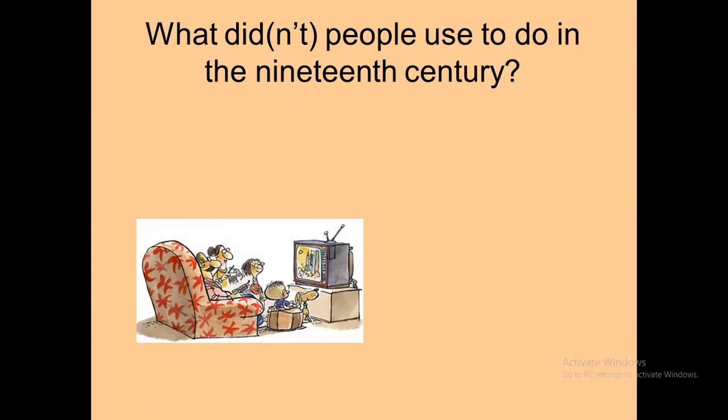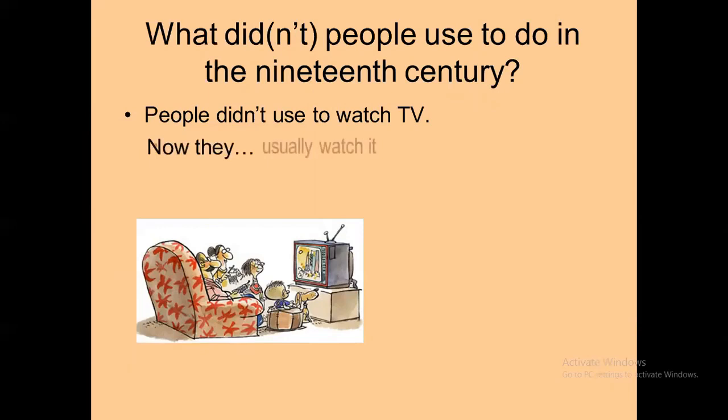Let's look at the example. People didn't used to watch TV in the 19th century. So in the 19th century, there was no TV. So I'll say people didn't used to watch TV. This means that nowadays they do. Nowadays they do watch TV because we have TV and more. So in the 19th century, people didn't used to watch TV, but now they do.